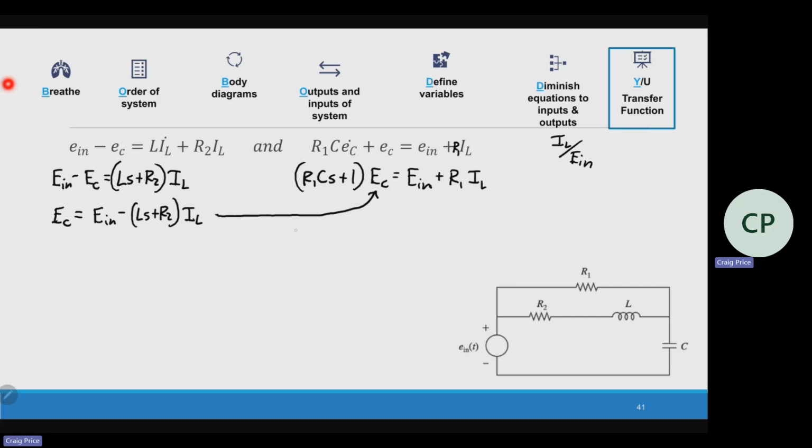So now we have R1 CS plus 1 times En minus LS plus R2 times IL, and this is equal to En plus R1 IL.